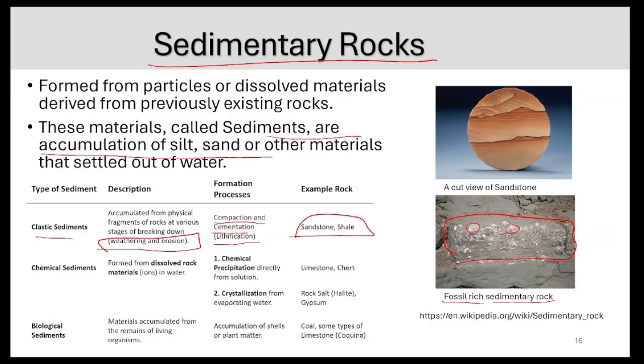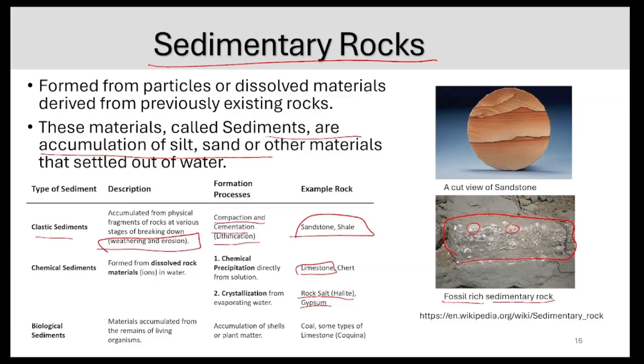Another example of a chemical sediment is limestone, calcium carbonate, and table salt is also an example of chemical sediment. These are formed because of dissolved ions in the water solution when the concentration is high enough for them to precipitate.